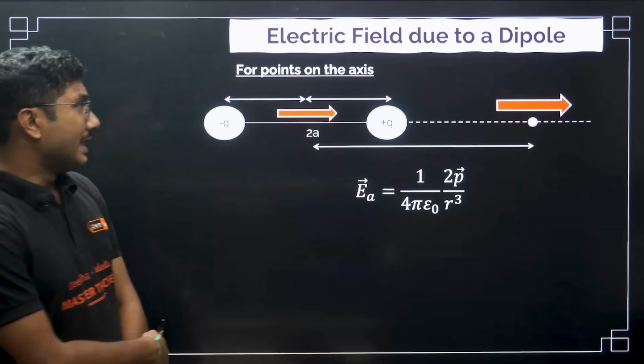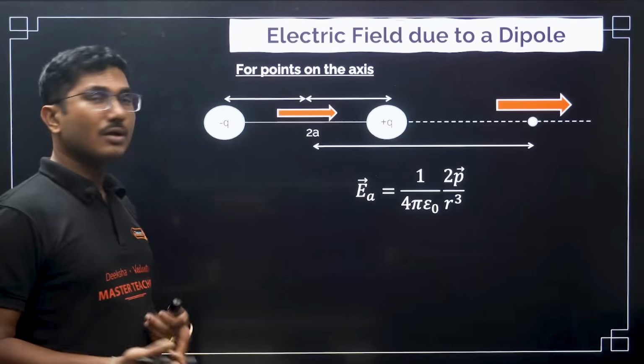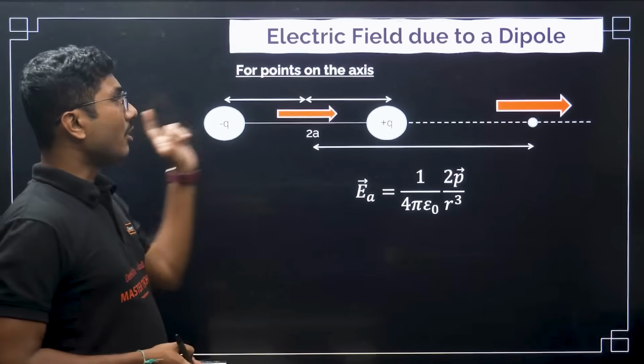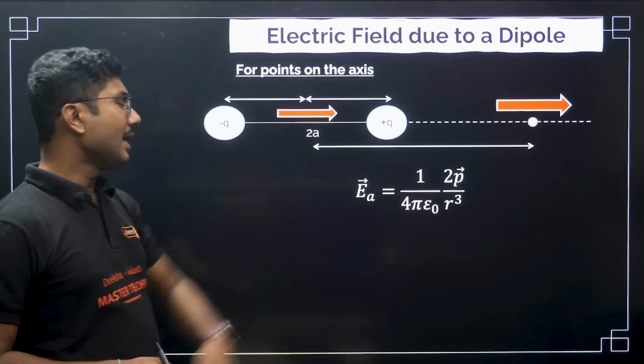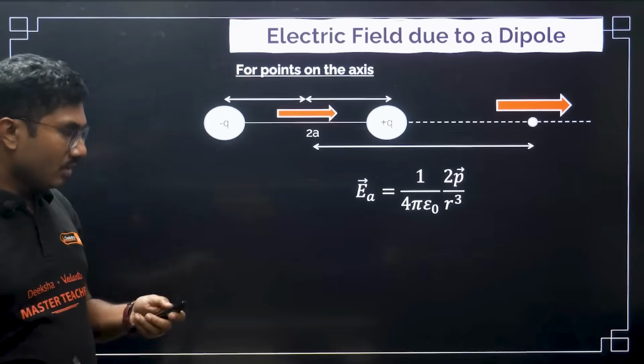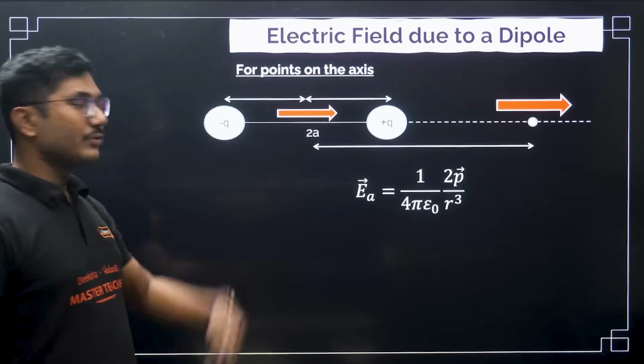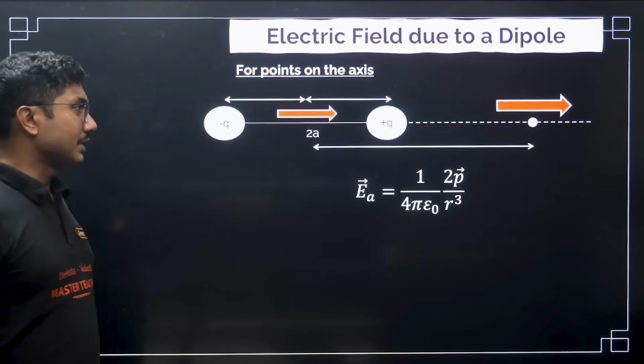Now electric field due to a dipole. There are two major points. One is on the axis of the dipole, which is given by 1 by 4 pi epsilon naught, 2p by r cube. It is in vector form. You can write it in scalar form as well. The derivation we will do in the 5 marker section.